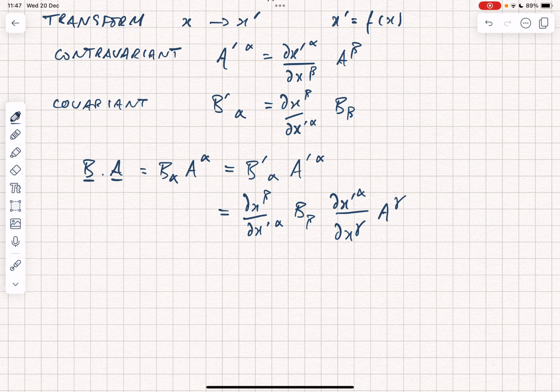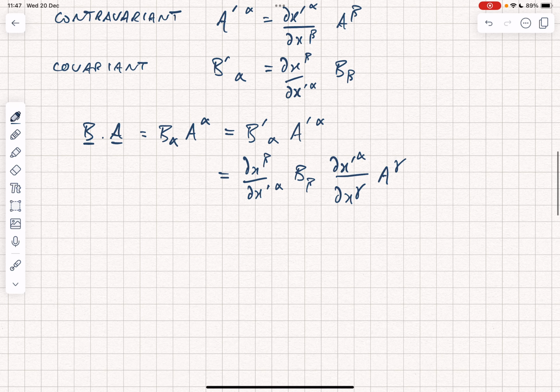And the alphas stay because the alphas belong here. Okay, now let's just rearrange the order of those. Because we're keeping the implied sums, we can just rearrange. So what we see is dx superscript beta by dx primed superscript alpha, dx primed superscript alpha by dx superscript gamma, b subscript beta, a superscript gamma.